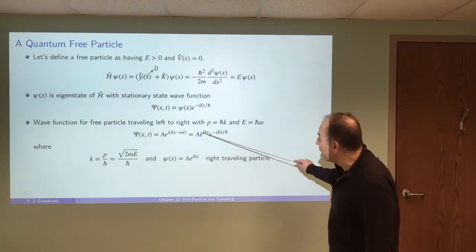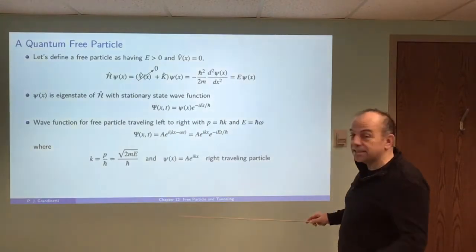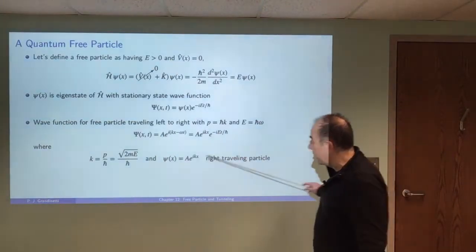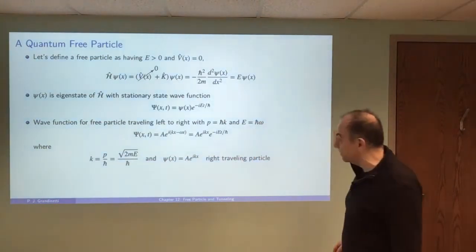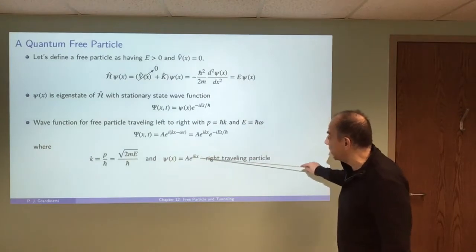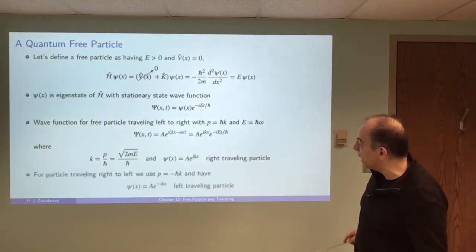Now remember, when you see this e to the plus i kx, that's a particle moving from left to right. And the k is just momentum over h bar, which we write in terms of energy, and this part here is the part that is only the spatial part. This is our right traveling wave.